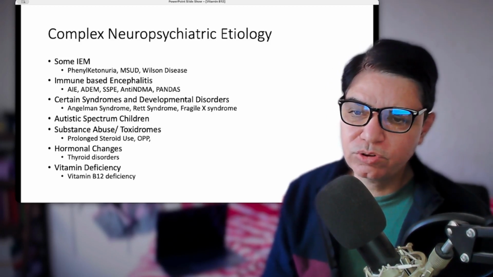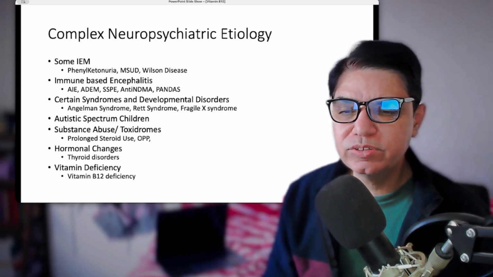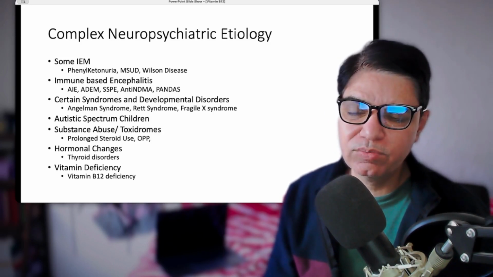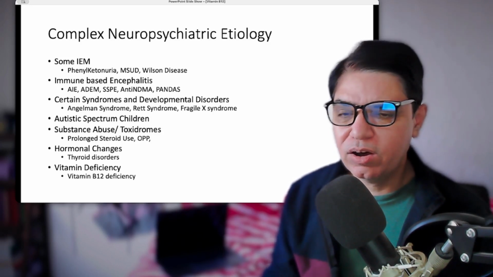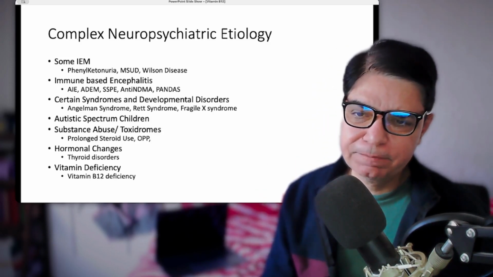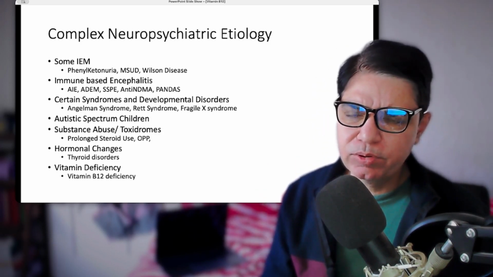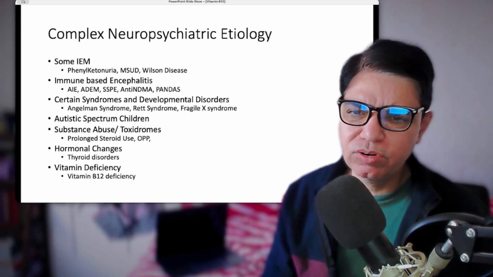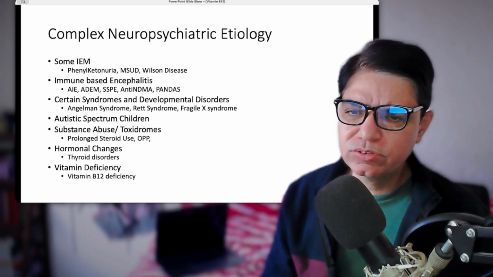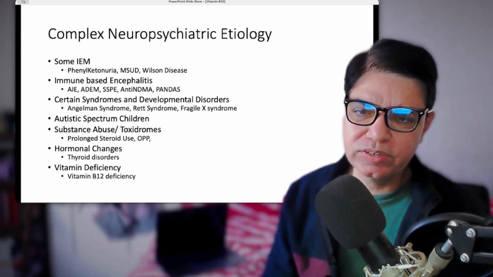Substance abuse, toxidromes, prolonged steroid use: somebody who is taking oral steroids for a prolonged period of time, especially those with some form of juvenile idiopathic arthritis, or brittle asthma, things like that, can sometimes develop complex neuropsychiatric etiology. Or those who have been exposed to organophosphorus pesticides, that sort of poisoning.